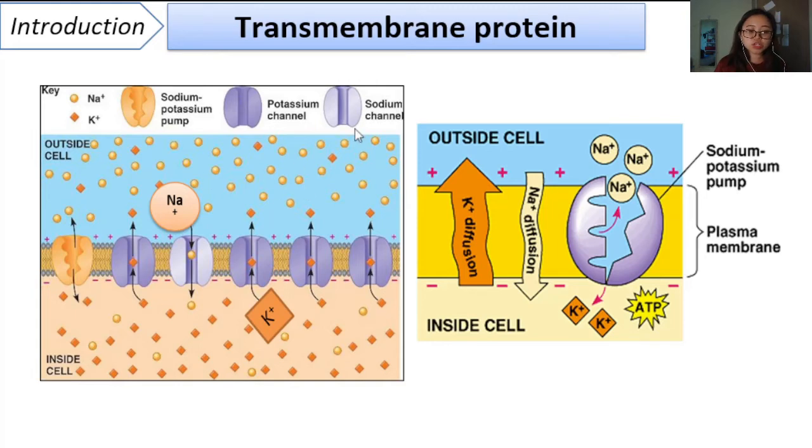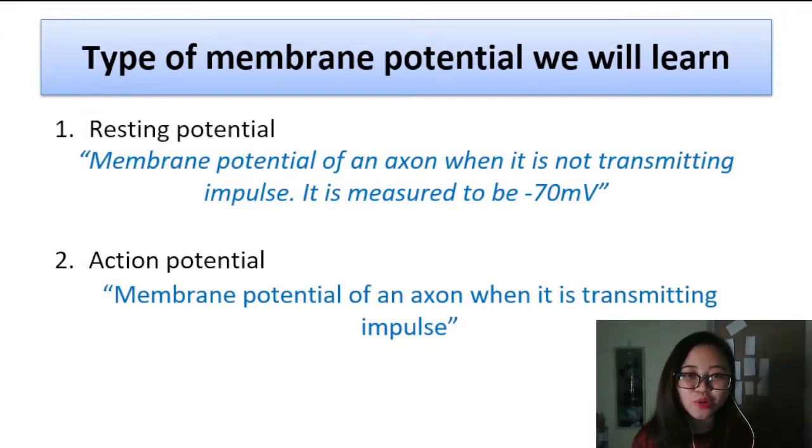This concentration gradient is created by the sodium-potassium pump, whereas the sodium channel and the potassium channels, when they are non-gated, they are always open and they allow the ions to pass through based on the concentration gradient. Okay, so ini tunjukkan posisi setiap transmembrane protein. Begitu saja.